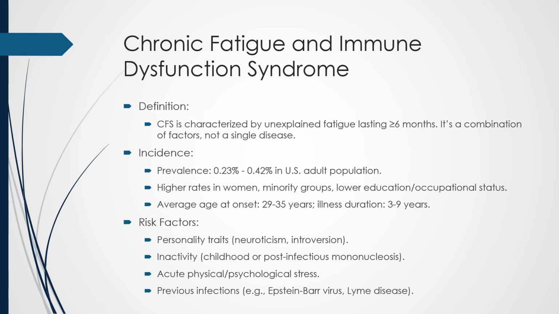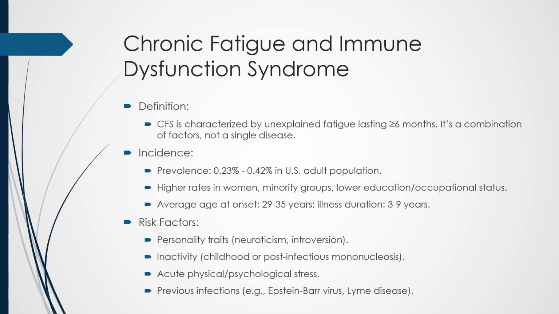Chronic fatigue syndrome is characterized by unexplained fatigue lasting more than 6 months. It is a combination of factors, not a single disease. It is often triggered by viral infections, immune dysfunction, or neuroendocrine abnormalities and stress. The prevalence is 0.23% to 0.42% in the U.S. adult population.